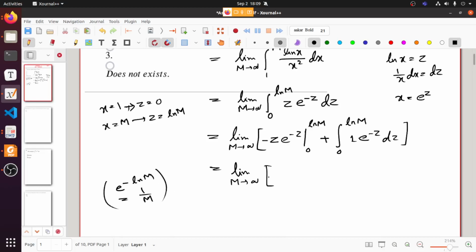So you will get minus ln m by m, and if you put 0, it will be 0. And further, now do the second integration.